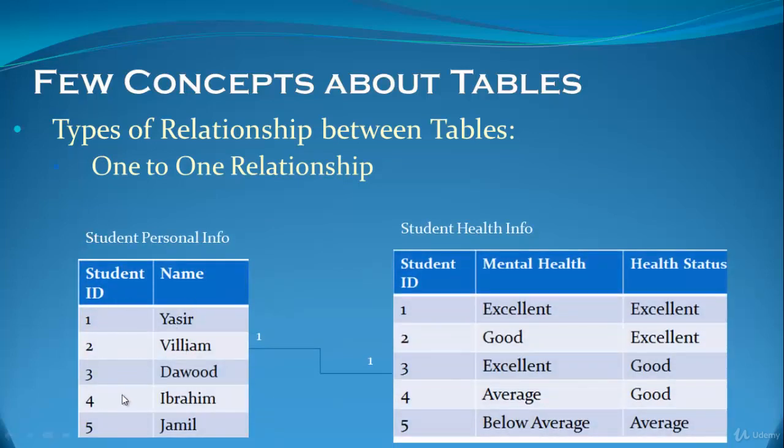The first type of relationship that we have learned was one-to-one relationship, where one value of a table has a referential value in another table.